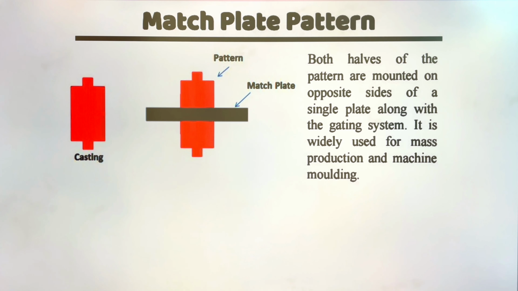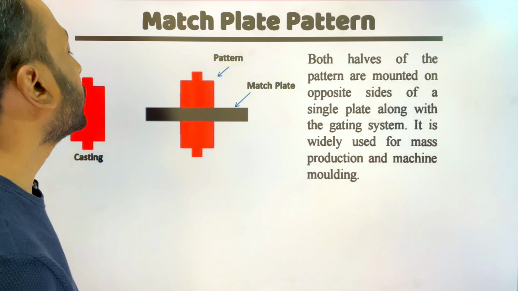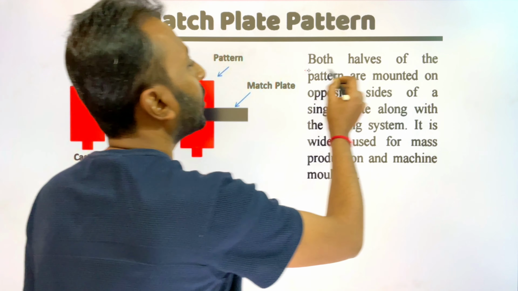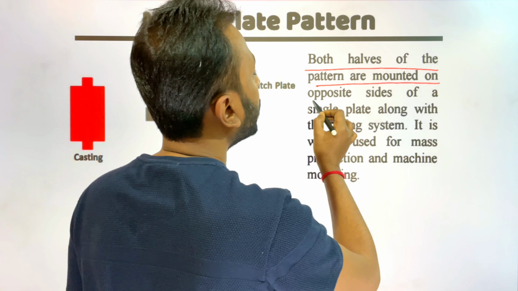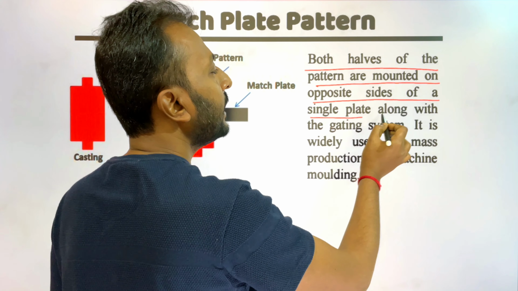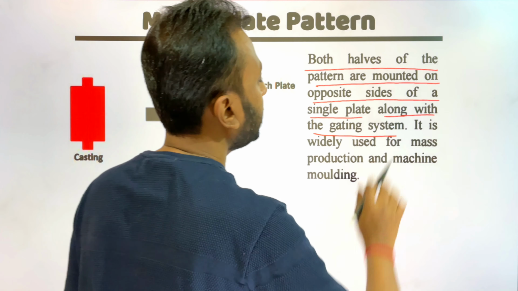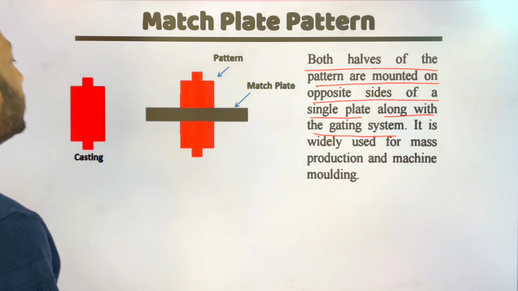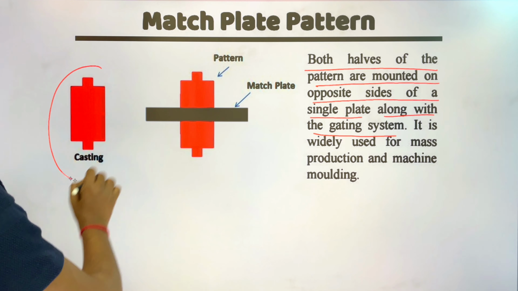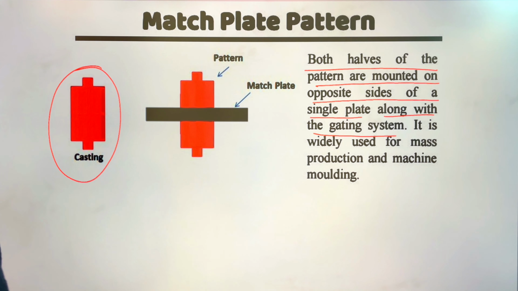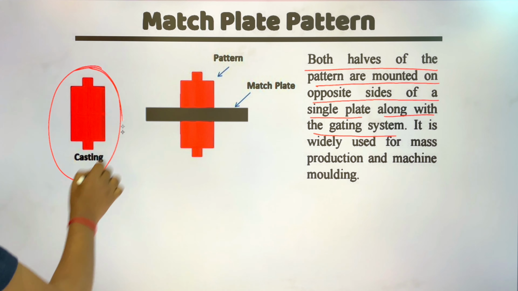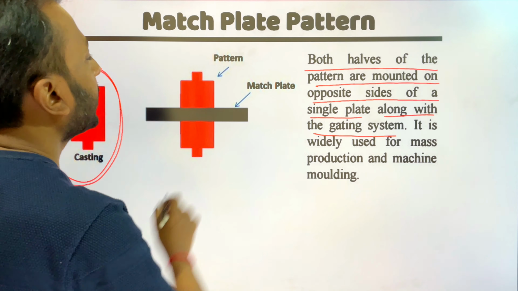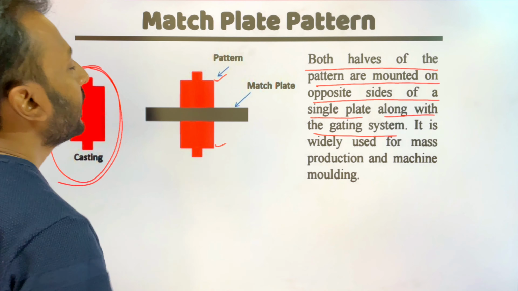The next is match plate pattern. Both halves of the pattern are mounted on opposite sides of a single plate along with the gating system. Here we can see the casting; we will create a product like this. This is the pattern, this is one piece and this is another piece.